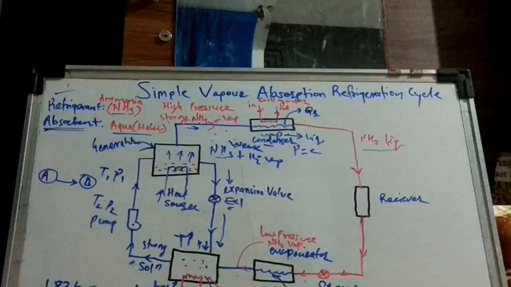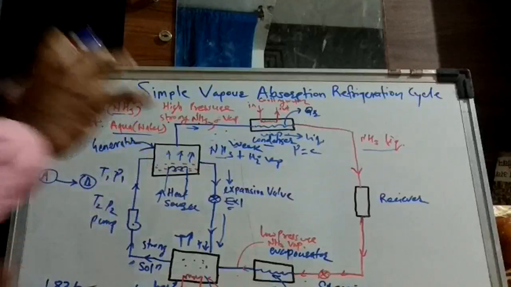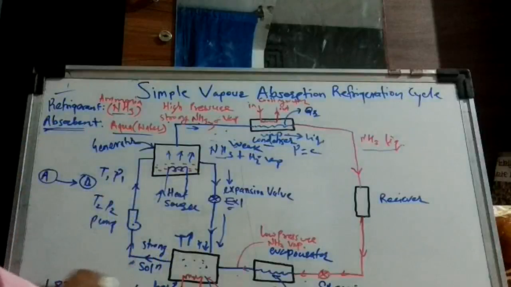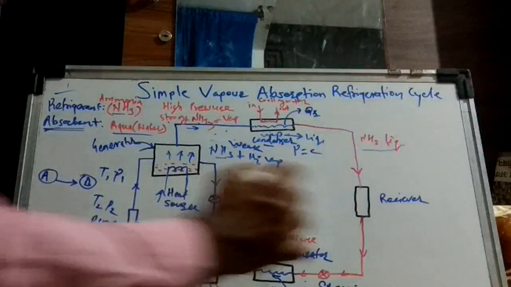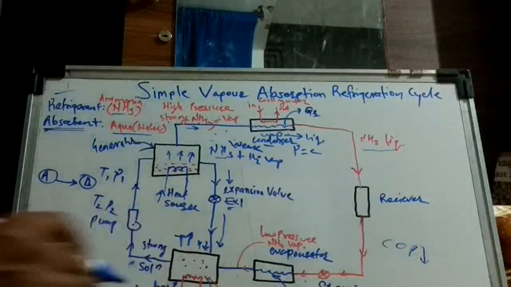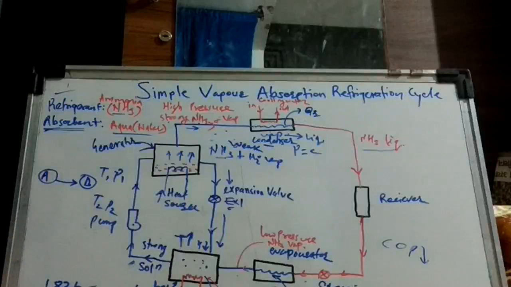If you compare the simple vapor absorption cycle with the simple vapor compression cycle, the COP of this system is low. That is the disadvantage of this cycle.